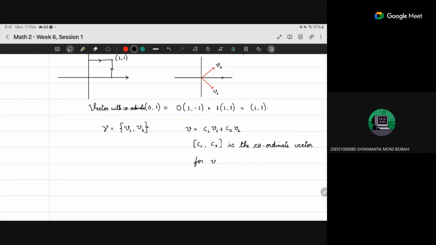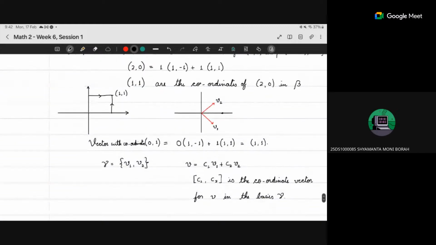For v in the basis gamma. Do you understand this? These are basically the coefficients, right? Yeah, you just take the coefficients, and that is called the coordinate vector.